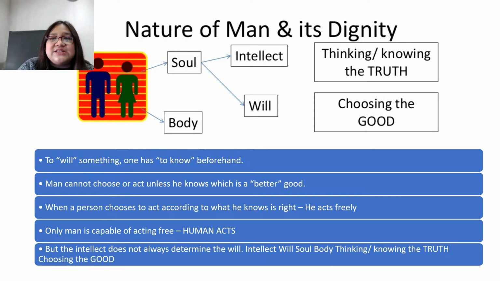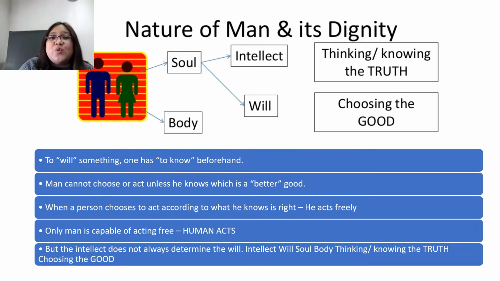Therefore, given a situation when one has to choose, we choose based on what we believe is good. But knowing what is good and choosing to do good is entirely dependent on the person. You understand? I know this is right, but I do not want to do that. That is free will. It is the ability to choose and act in accordance to what we do, or act in what we want to do.